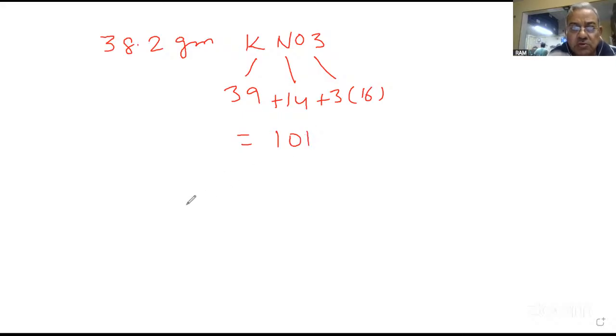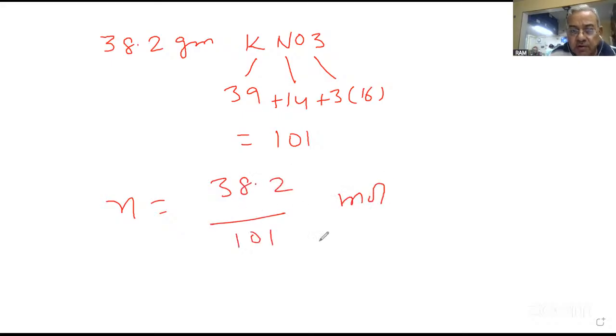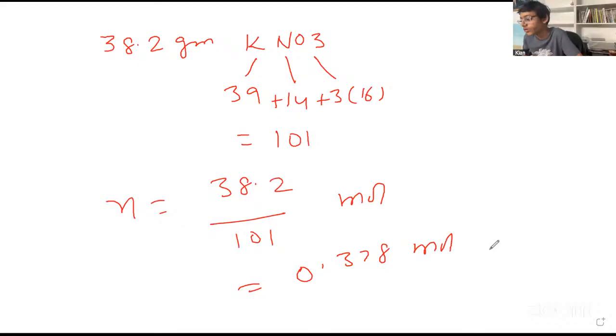Now this is 1 KNO3. Now it is given 38.2 gram. So the number of mole n will be 38.2 upon 101 mole. Right. So this will come how much? 0.378 mole, right.